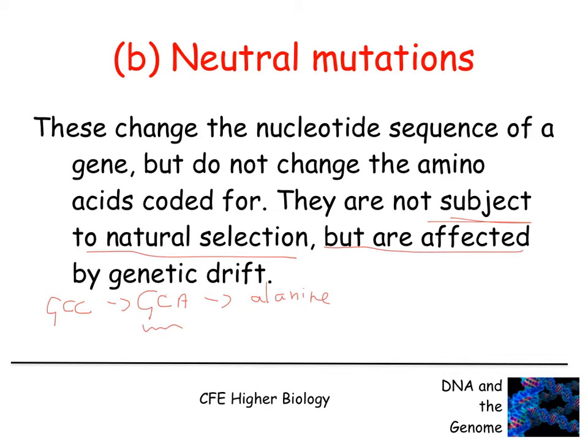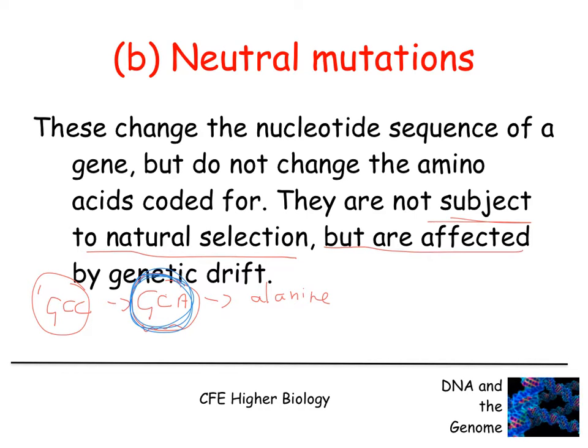So in the example that we saw previously, say for example, in the population you've got individuals that have got this nucleotide sequence, and then you've got ones that have got this mutated nucleotide sequence. Now, looking at the example that we had before, where we were looking at sampling errors, it might be that more of these genes here end up in the population just due to genetic drift.